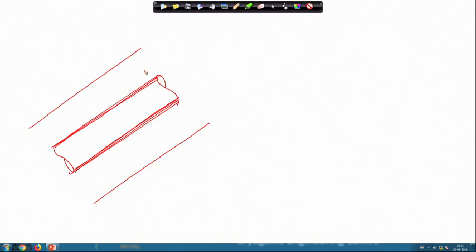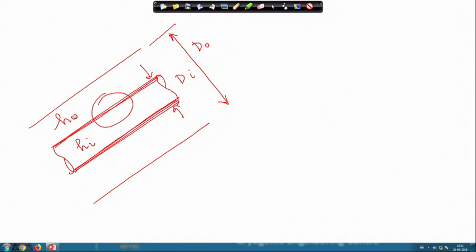Here this is the d I that has been given and this is the d o. What we are trying to find out is the heat transfer coefficient between these two regions. One is the internal heat transfer coefficient, another one is the heat transfer coefficient of this annular space.